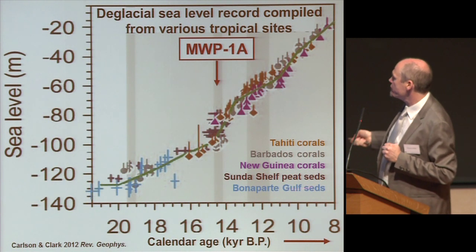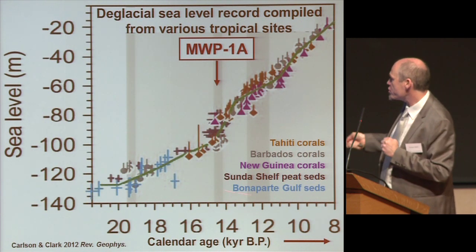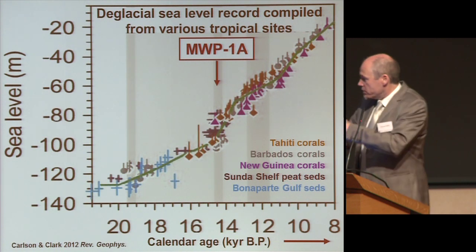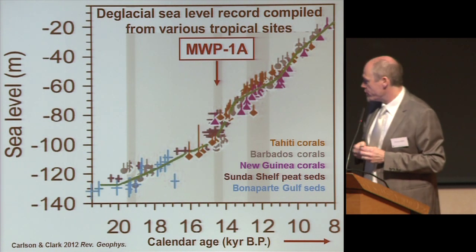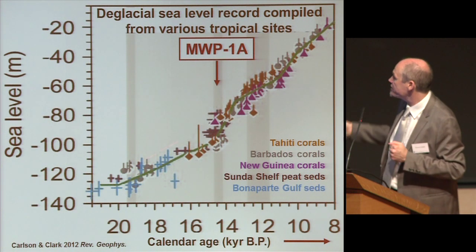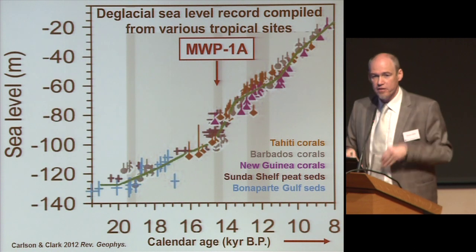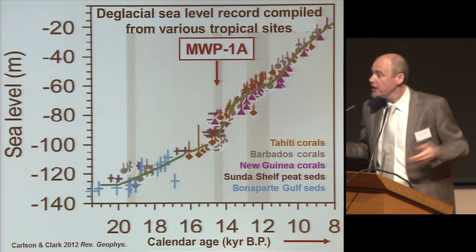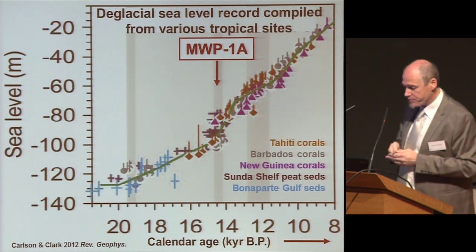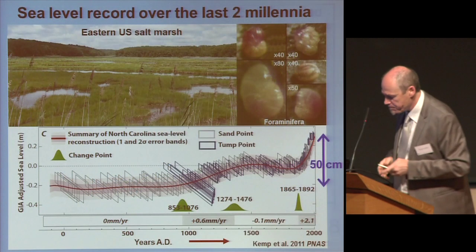We also have some information from New Guinea corals, from the Sunda Shelf peat sediments, and from a submerged basin offshore Australia for the deeper part of the last glaciation. But basically what we see is a massive rise in excess of 10 millimeters per year, and all information converges to say that there is a massive step corresponding to Meltwater Pulse 1A.